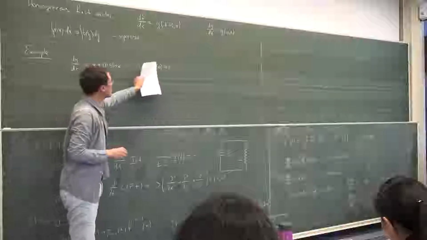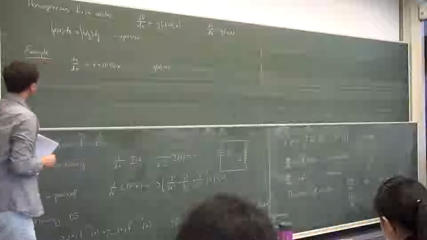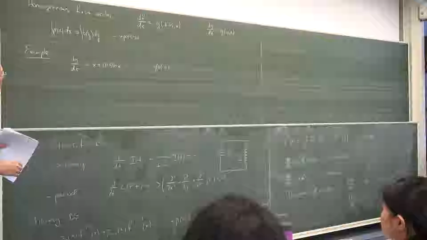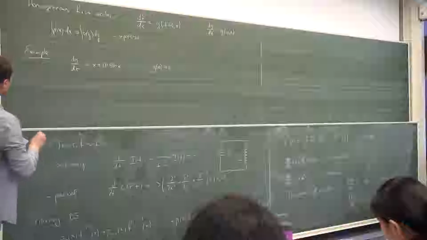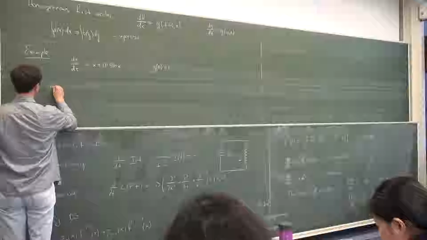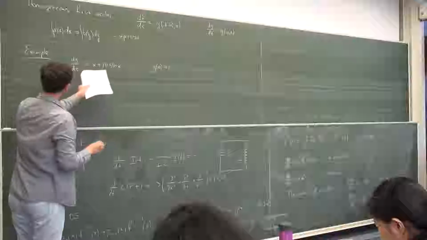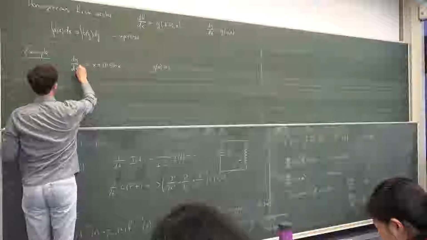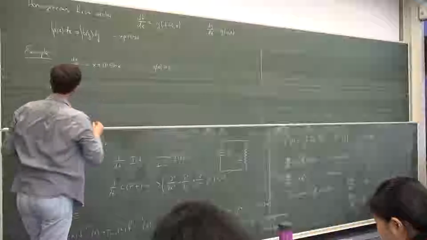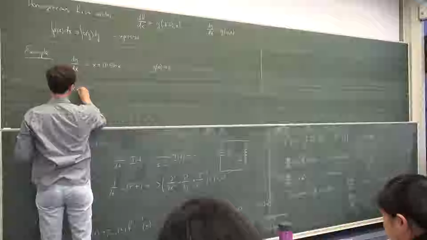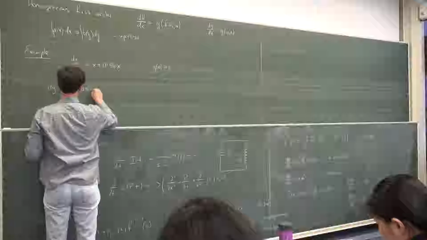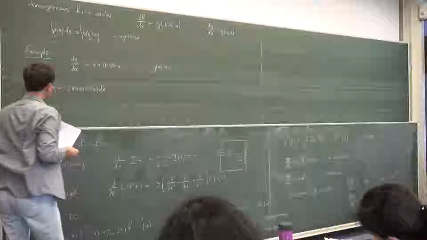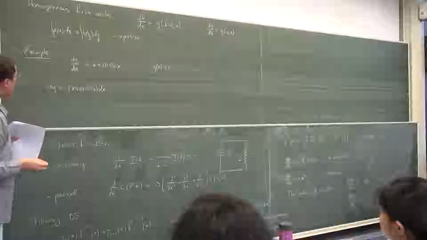If we had it not at 0 but somewhere else, that would have been called the boundary condition. And as all of you know, this is almost trivially easy to solve. So we have dy equals, we can move the dx over to the right hand side, so it's x plus 10 sin x dx. We moved it into the separated form.